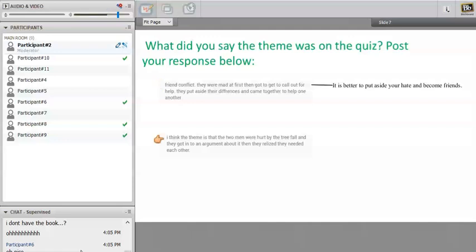And then the other one here, I think the theme is that the two men were hurt by the tree falling, and they got into an argument about it, and then they realized they need each other. Okay, so I think this is a great start too.